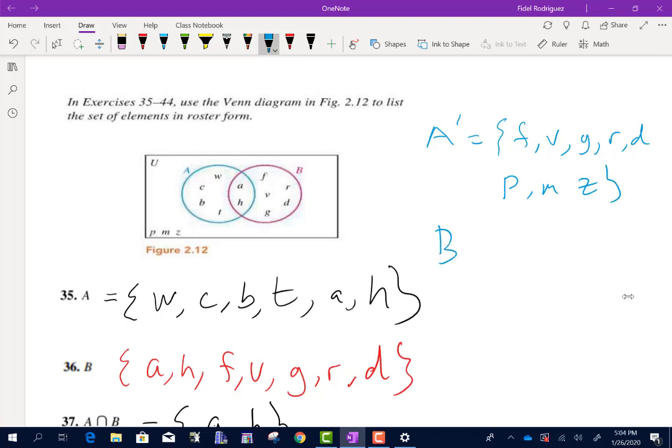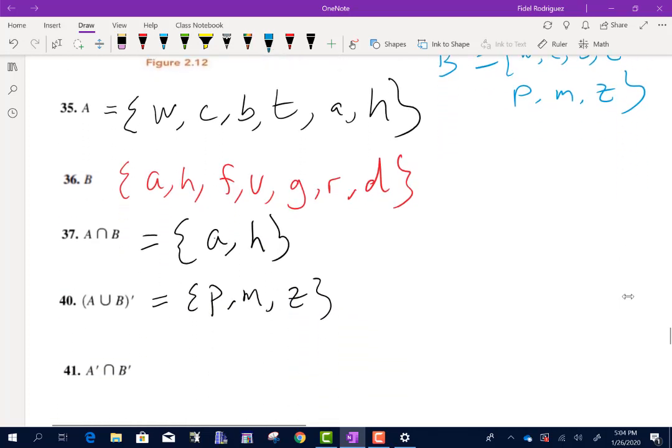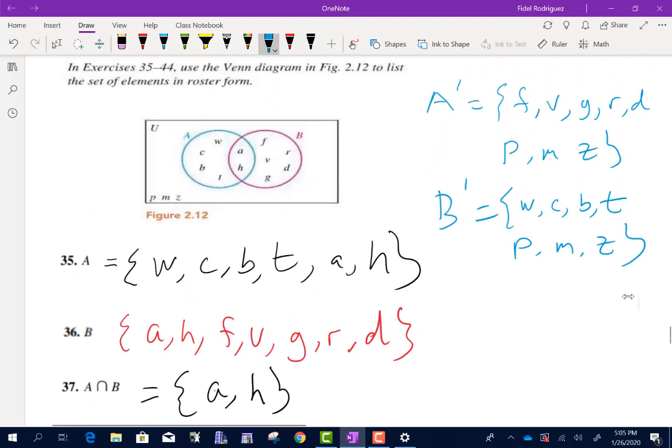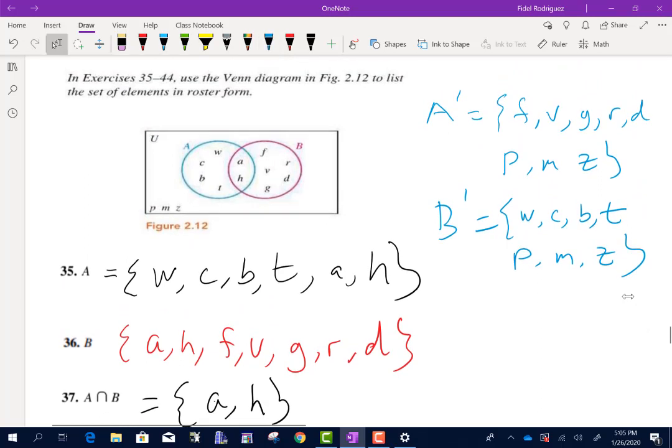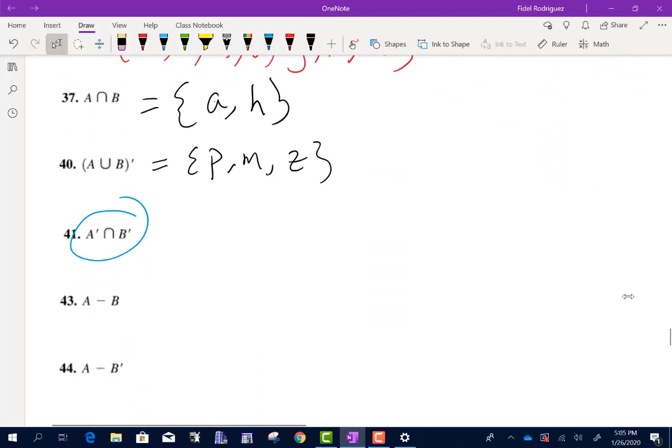And then the same thing for B complement. If I didn't want everybody in this circle, wouldn't I have only wanted W, C, D, T, P, M, and Z, right? The reason I want to do that is because now what we want to find is the intersection. The intersection means what letters do they both have in common? They both have P, M, Z.